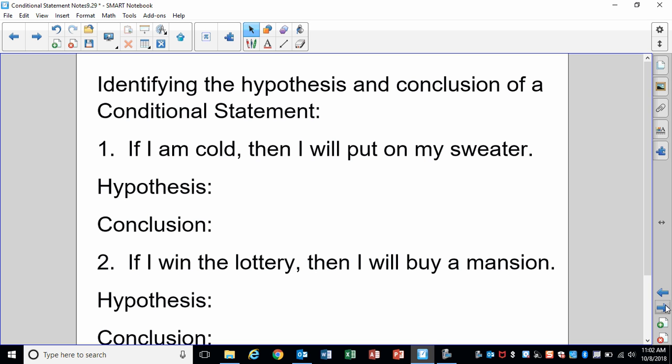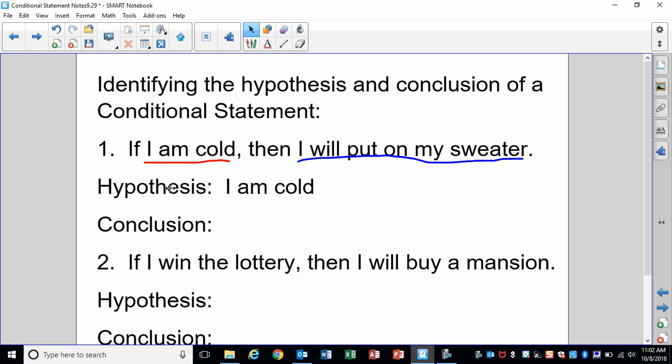So if we're looking here at a couple practice problems, it's asking us to identify the hypothesis and conclusion of a conditional statement. And we want to remember that the hypothesis is the if portion, and the conclusion is the then portion. So in this first example, the hypothesis is I am cold.